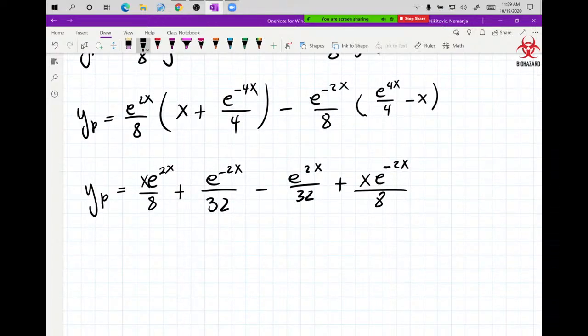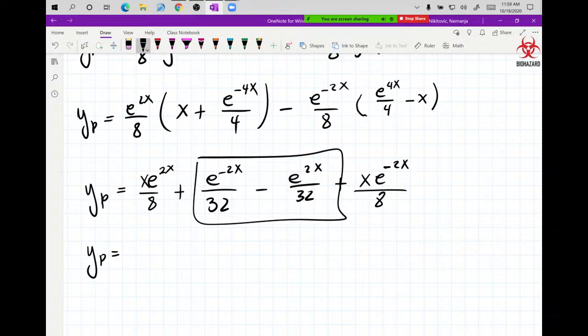Now, obviously, when you can flex, you should flex. These two combine together, and these two combine together. And factor out everything so you can leave the form for your hyperbolics.